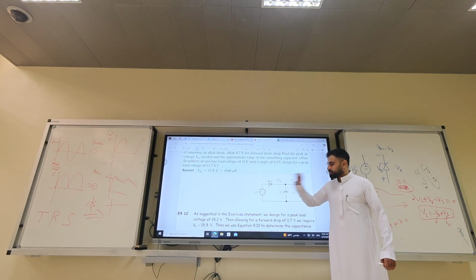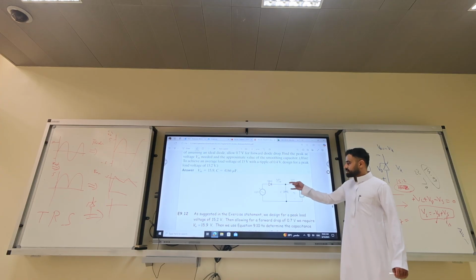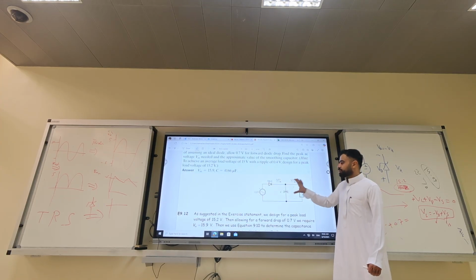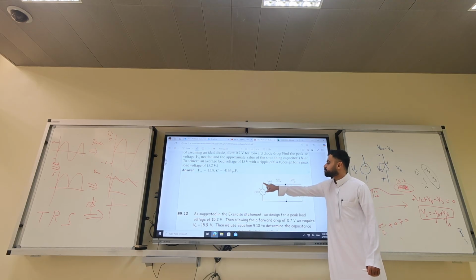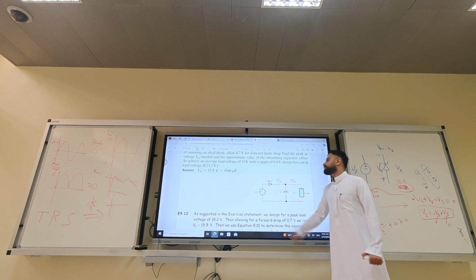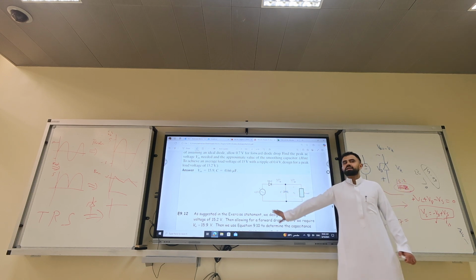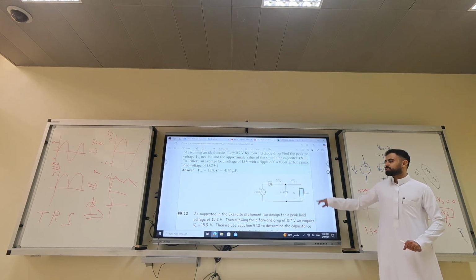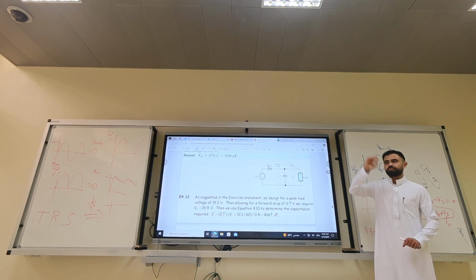So if this is 15, you need to design your capacitor assuming that the voltage will turn on this diode. It will withstand the voltage of 0.7. So just add it. You can't subtract. If you subtract, you will lose the peak of the AC signal and the ripple.